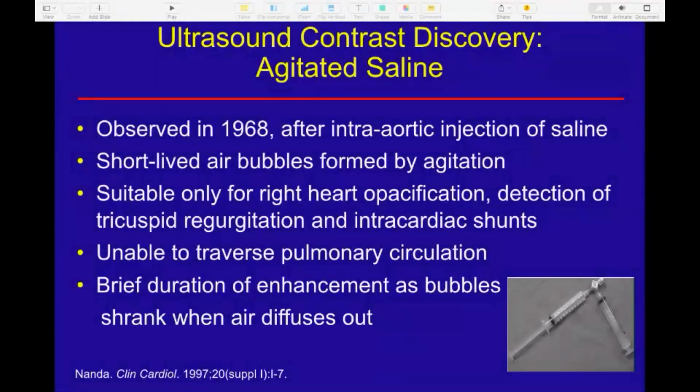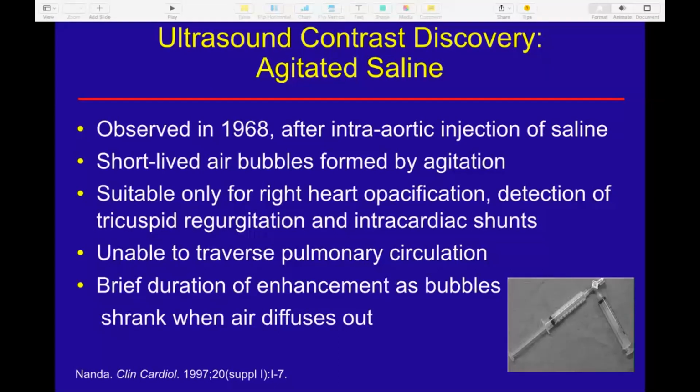A few historical things, so that we set the stage for why we use the kind of microbubbles that we use. I think the credit for contrast first goes to Gramiak and Shah, when they were doing M-mode echocardiography during aortic imaging, where they noticed a puff of echoes appear when contrast was being used during cardiac catheterization. But what was quickly realized is that air bubbles, which we form with agitation using two syringes, are extremely short-lived.